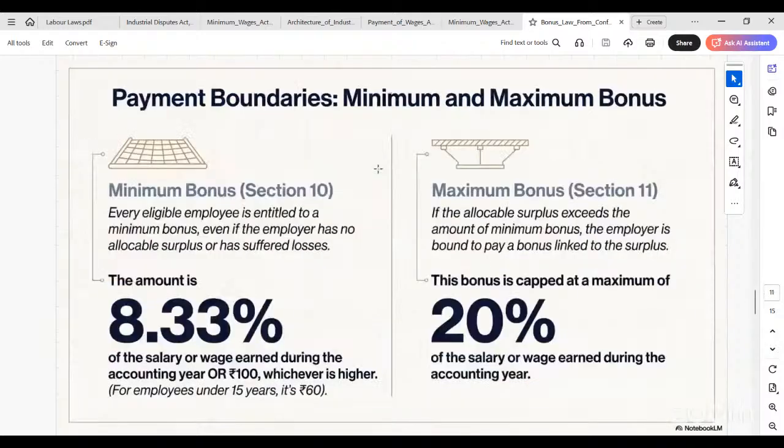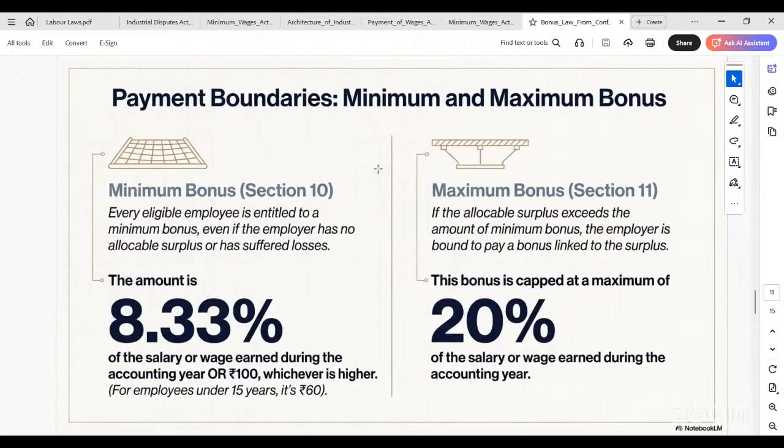The payment of minimum and maximum bonus: Section 4 says the amount is 8.33% of the salary or wages during the accounting year or 100 rupees, whichever is higher. For employees under 15 years, it is rupees 60. So this is clear, 8.33. The maximum bonus, the minimum is 8.33, the maximum is 20% of the salary earned during the accounting year.